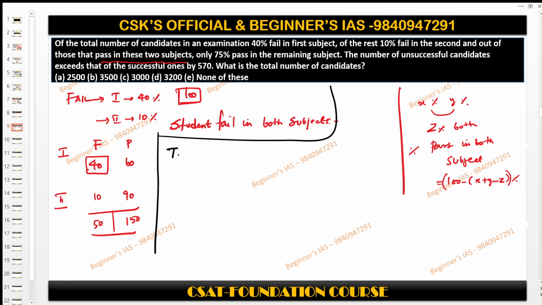Sir, we have to add the 75% also, no? The remaining 25% will pass. Then how much percentage, that I have to calculate.